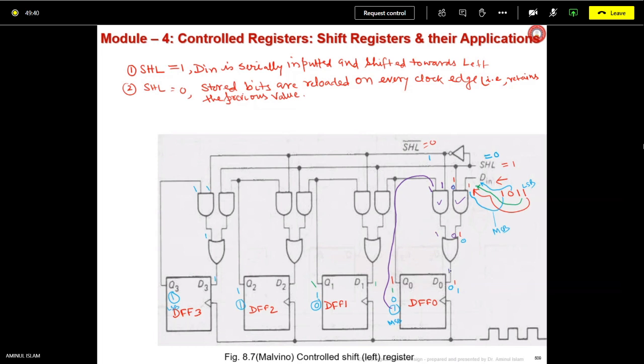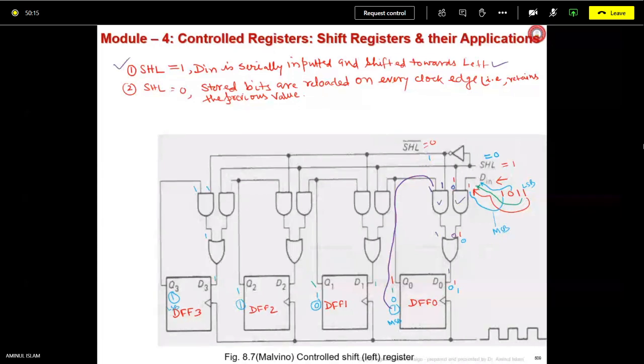When the clock is arriving, what is going to happen? It is returning the previous value or not? Yes, sir. The same thing is happening in every flip flop. The left AND gate is used, and it is going to retain the previous store. That's what I have written. Let us read this. SHL equals 1: D in is serially inputted and shifted towards left.